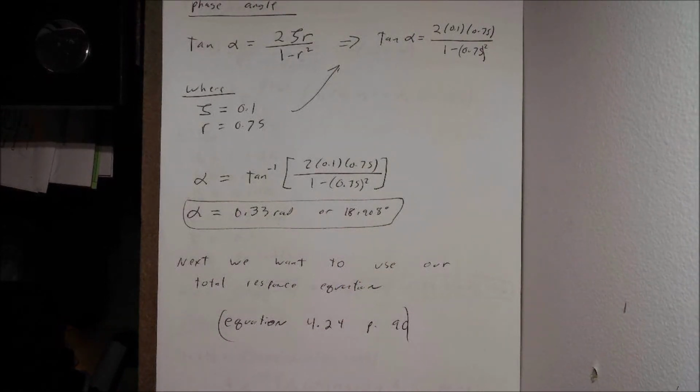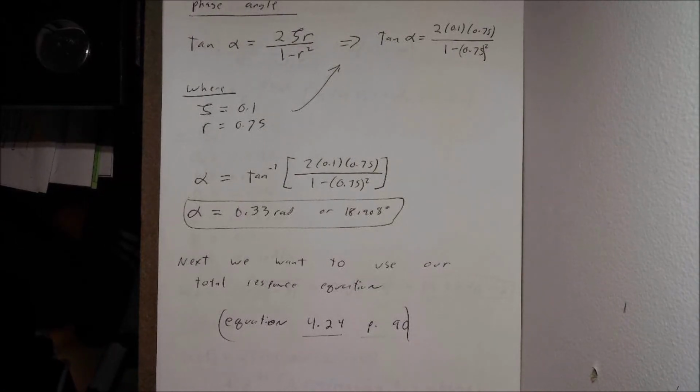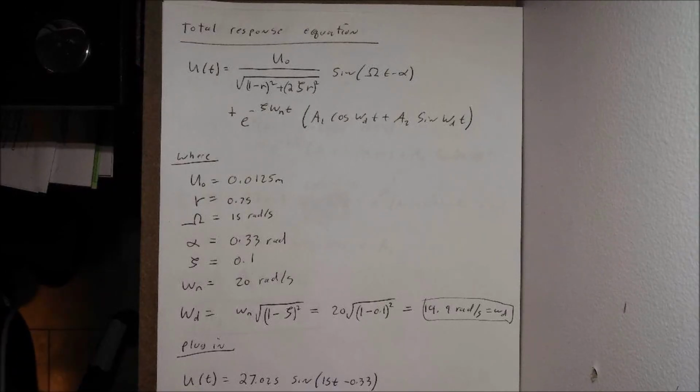So what we want to do next is find our total response equation. This comes from equation 4.24 on page 90 of our textbook. So here is that total response equation.